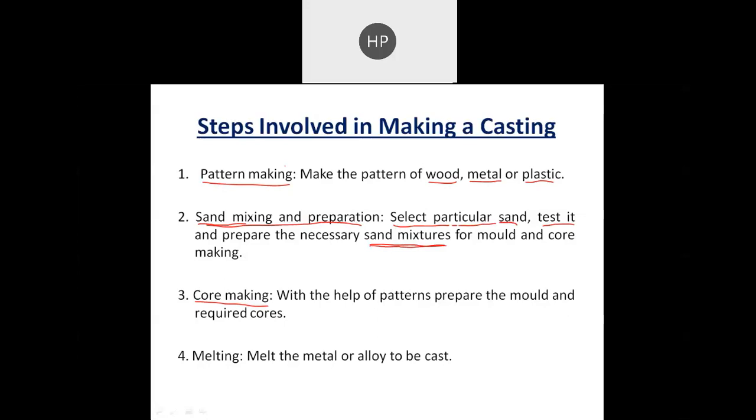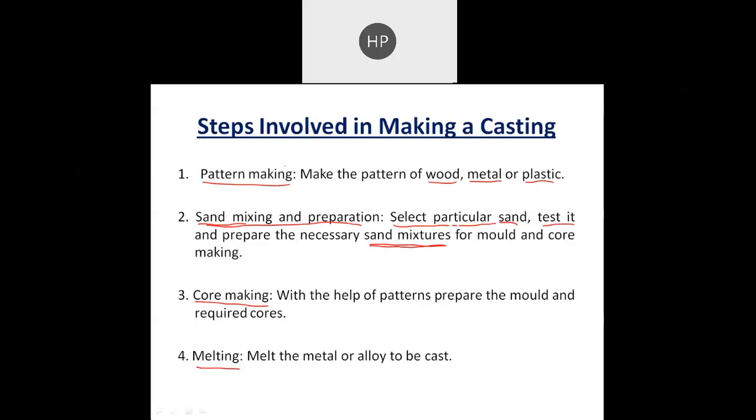But if we have certain holes, then we should go for core making, because it will eliminate secondary operations. The secondary operation cost and time can be drastically reduced or saved by the core making process. So with the help of the pattern, the mold and required cores can be produced. Then the next step is melting.